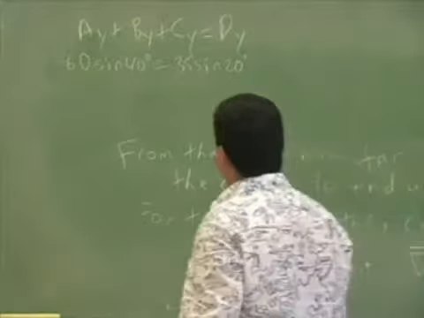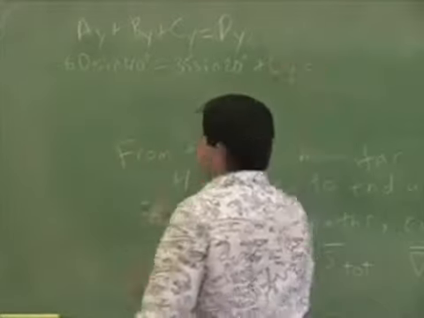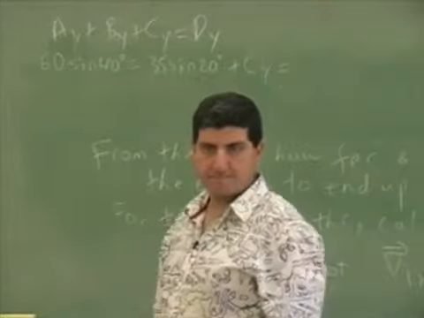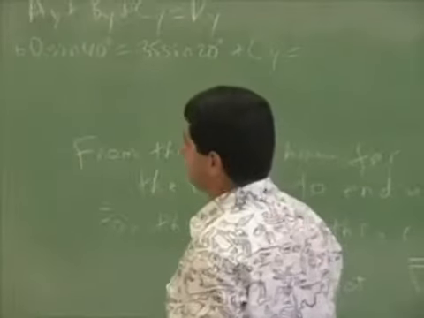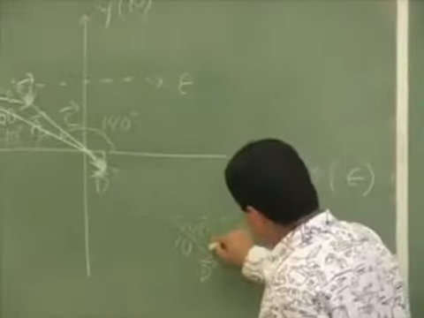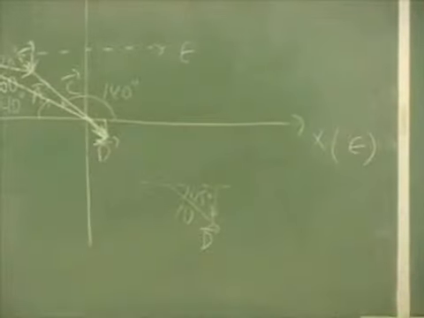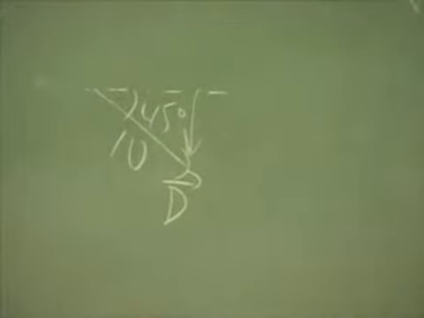Okay, now cy is what we don't know. And then dy is going to be that's the y component of the vector d, which is negative 10 sine of 45.